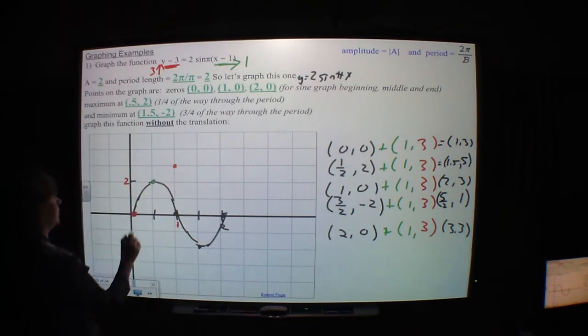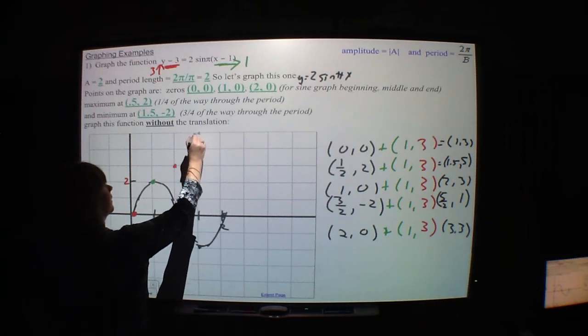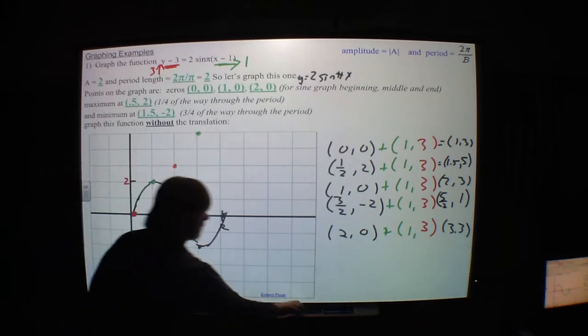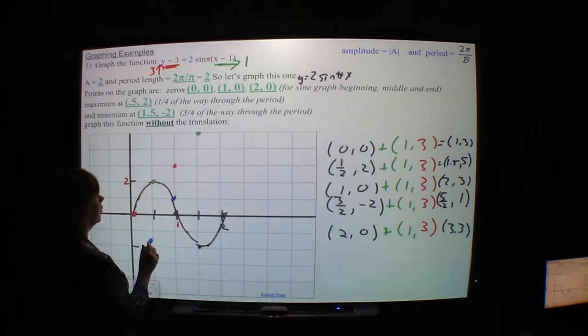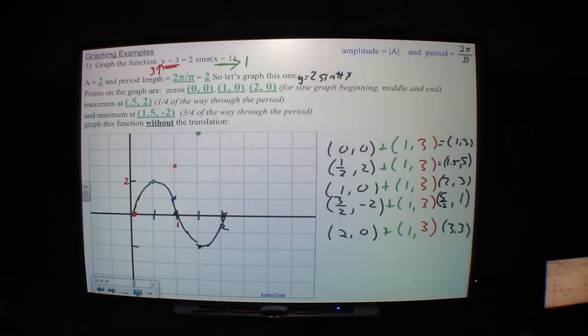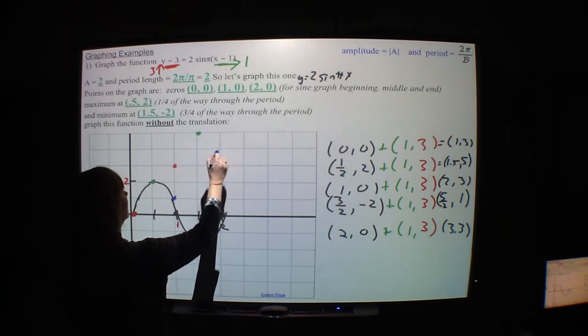This point right here goes 1 to the right and up 3. This point right here goes, I'm sorry, 1 to the right, 1's here, up 3. 1, 2, 3.